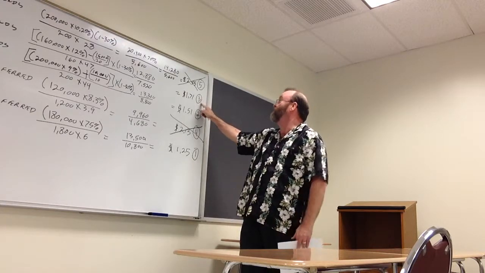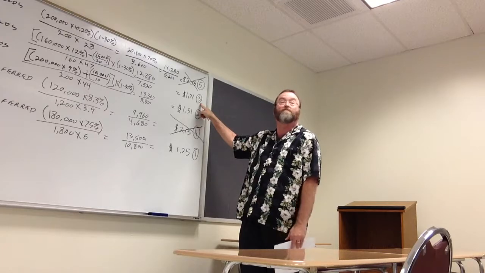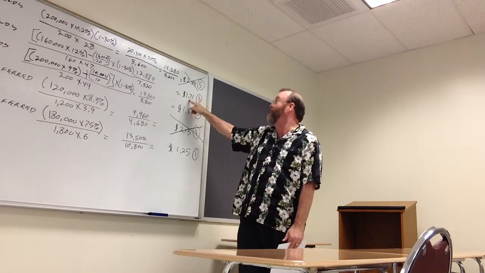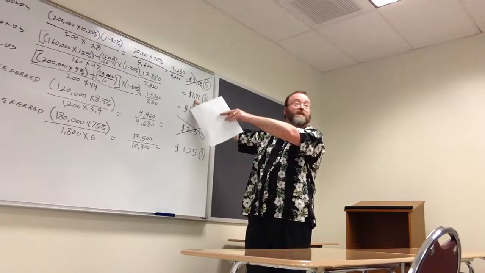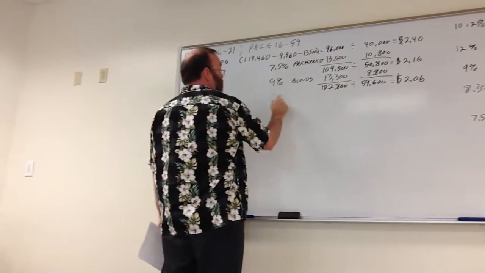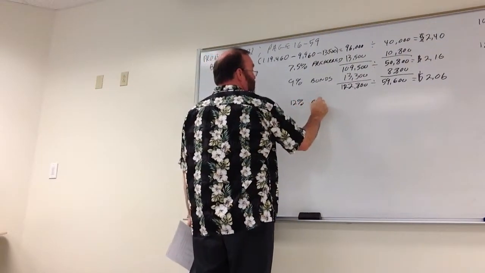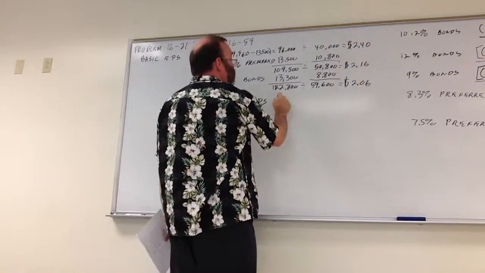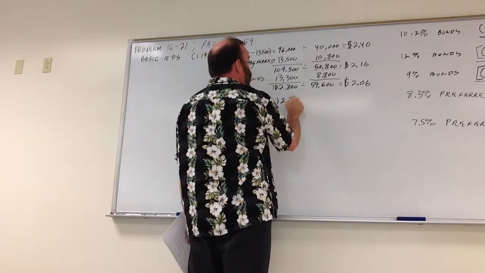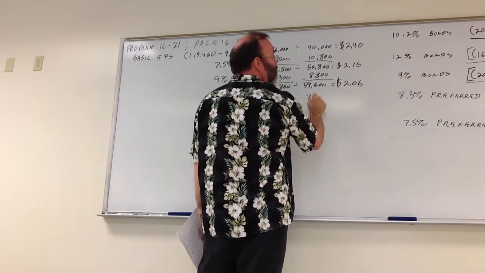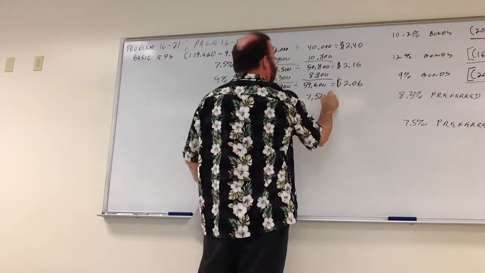However, the next one in our list is the 12% bond. That's the third one in our ranking, and that's at $1.71. We're at 2.06. We need to include it. The numerator was 12,880, and the denominator was 7,520.